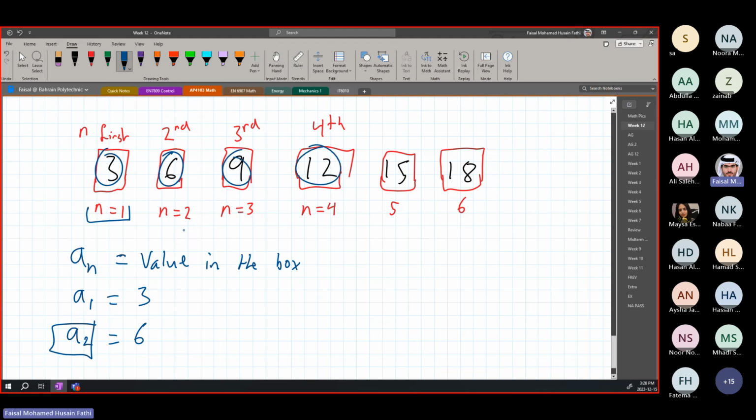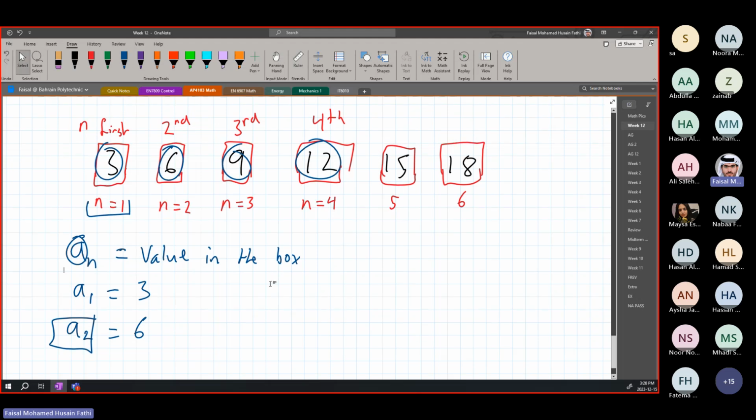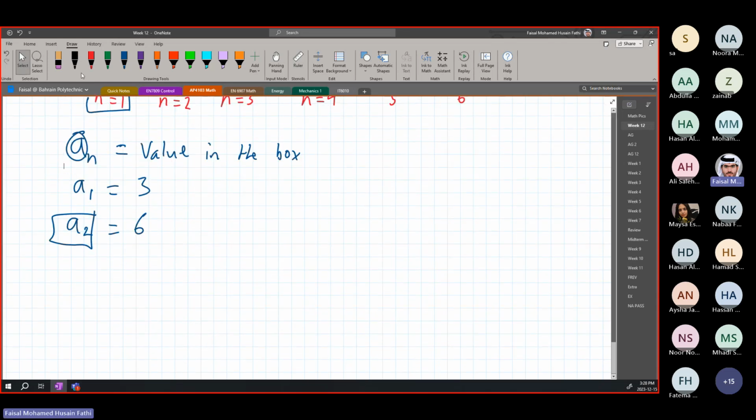So n represents the location, the box, where it belongs in the sequence. Not the actual value of that number. A represents the value of the number based on the location given, based on where it is located inside the sequence.